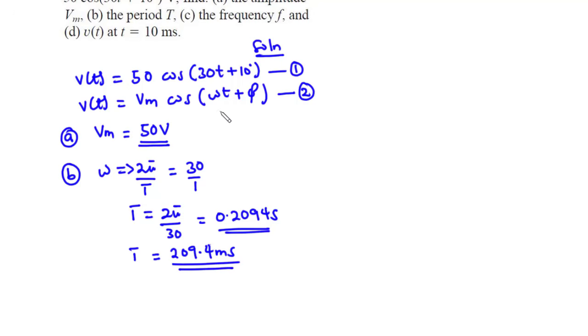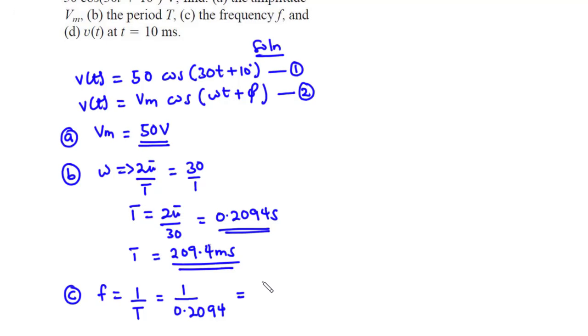Now to C, we are asked to find the frequency of the signal. Now we know that frequency is given by the reciprocal of the period of the signal. So we have f equals 1 over t, which is 1 over 0.2094. We are using the value in seconds.